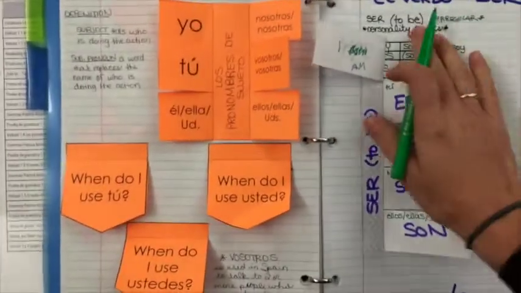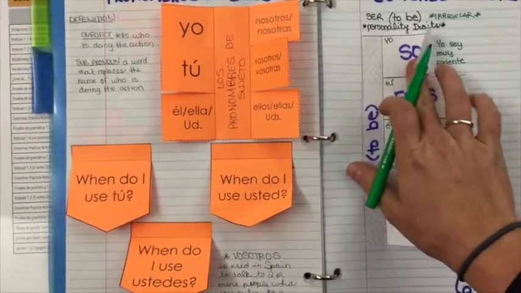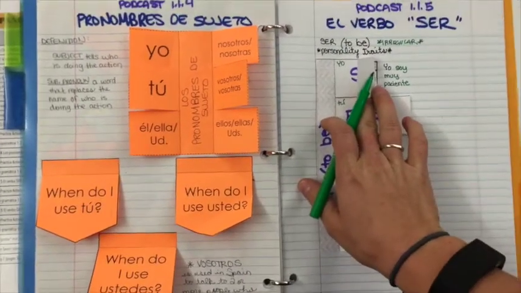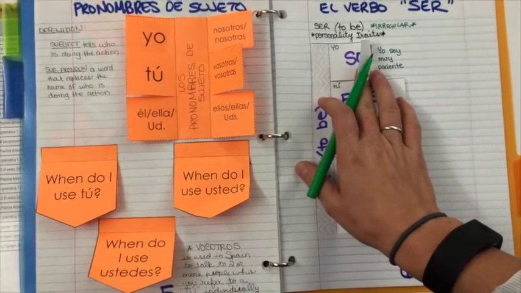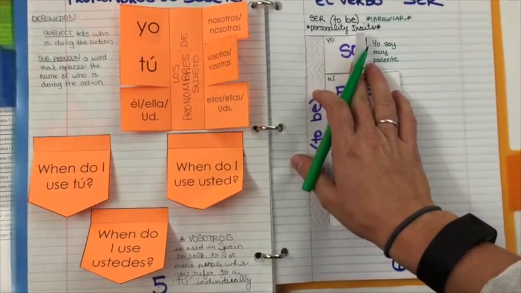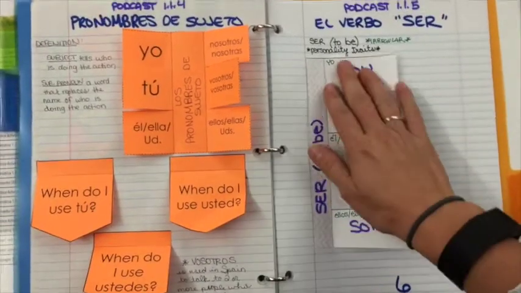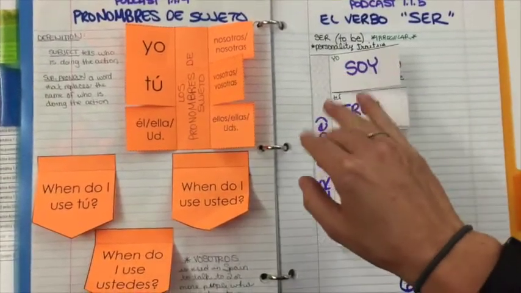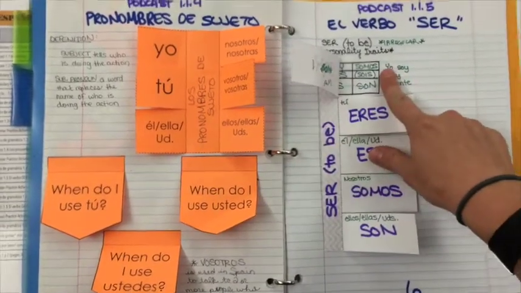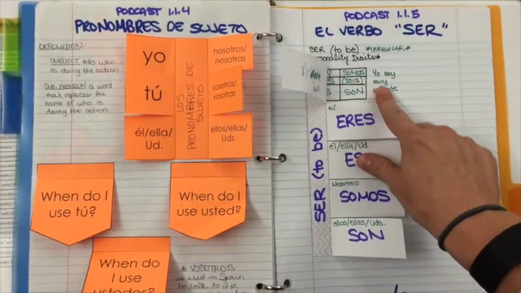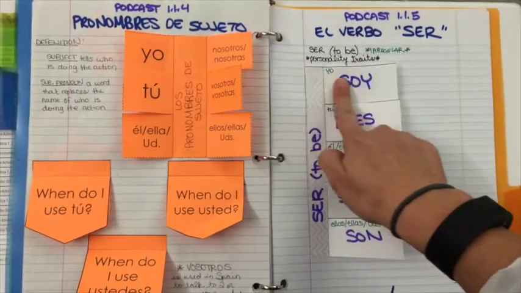Okay? What I really want you to write down is an example using yo soy. So I wrote, yo soy muy paciente. So what you will have is yo soy on the front, the English meaning on the back, and then underneath the example, yo soy muy paciente.